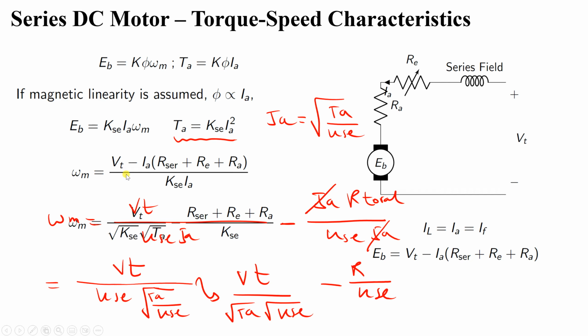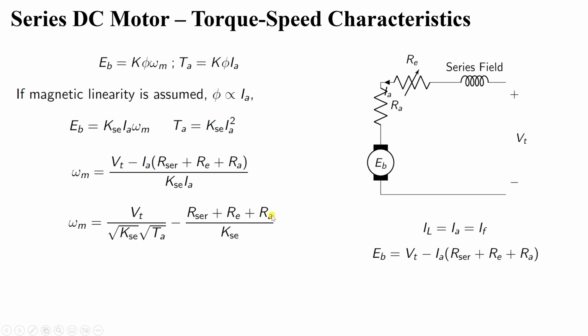So you can see that the total resistance divided by KSE, and this one is V terminal divided by root KSE, root torque of the armature. Okay, great. So what you can see here is that we have now the relation between omega and root torque. By simplification, you can simply say that omega is inversely proportional to root torque.